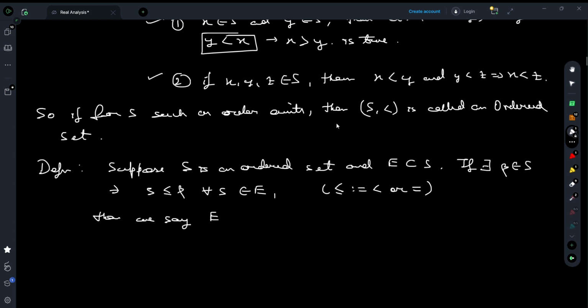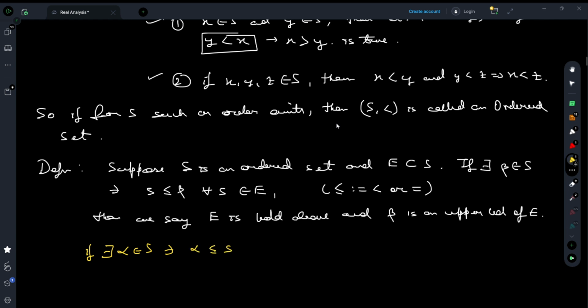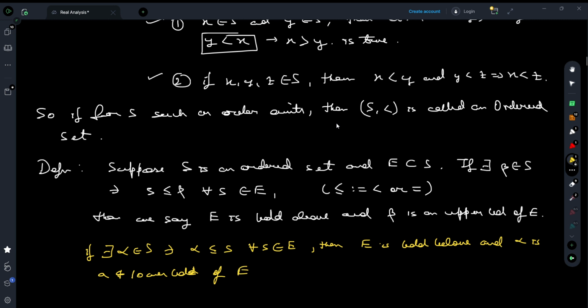then we say that the set E is bounded above and beta is an upper bound of E. In a similar way, we can say that if there exists some alpha in S such that alpha is less than or equal to s for all s in E, then E is bounded below and alpha is a lower bound of E. Two very similar statements.